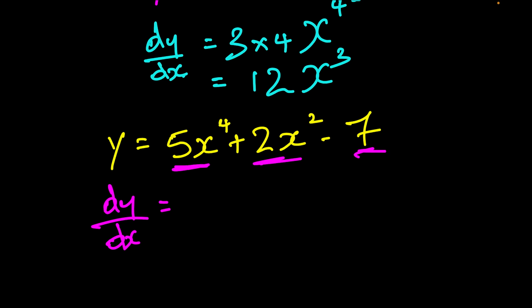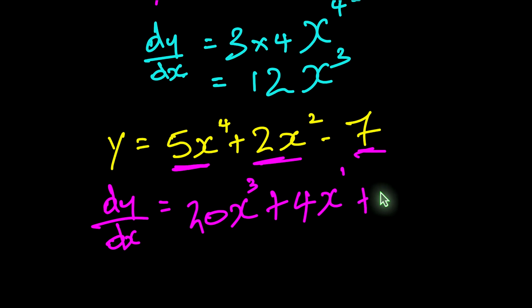So we're going to do 4 times 5, so that's our power times the coefficient. That leaves us with 20x, and we take 1 off the power, so that's just 3. Plus now 2 times 2, so that gives us 4x, and we take 1 off the power. Now, whenever we have a constant, it's going to be just 0, and I'll explain what that would look like.